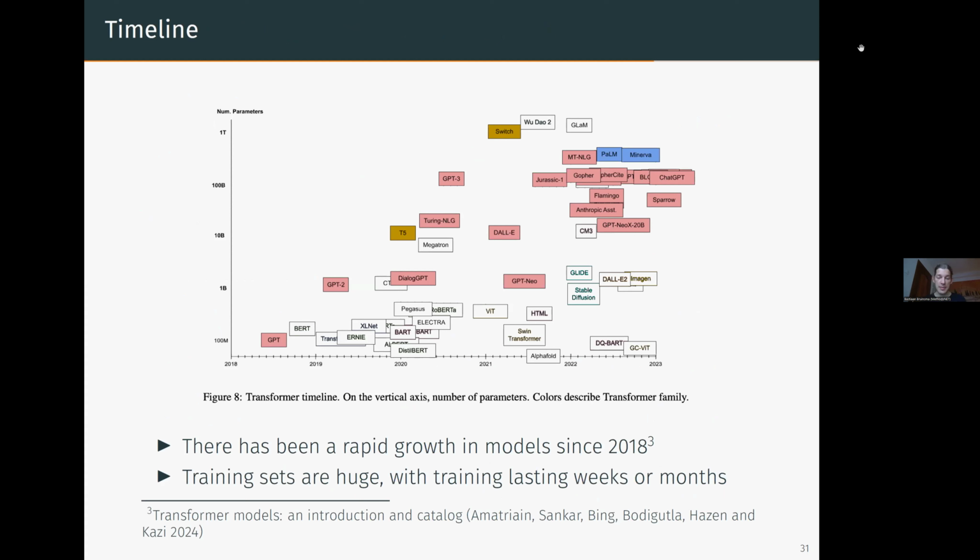This field has really exploded. It really took off in 2018. On the left here, you see a chart that looks at the number of parameters. We're now in trillions. This stopped in 2023. There are different families in there which you might hear of, but you can mostly ignore them.